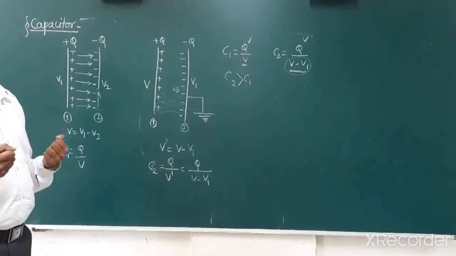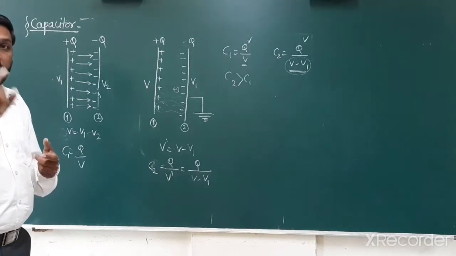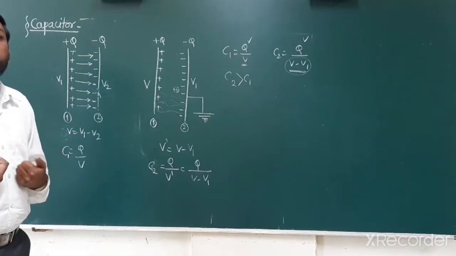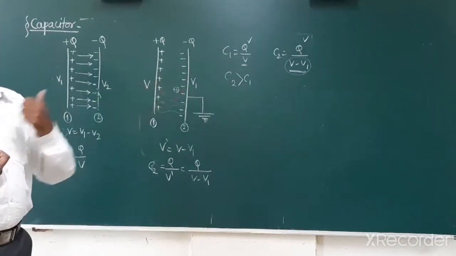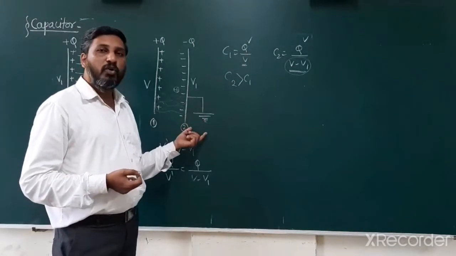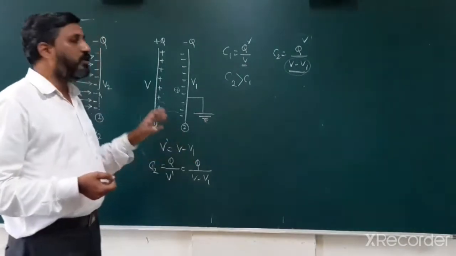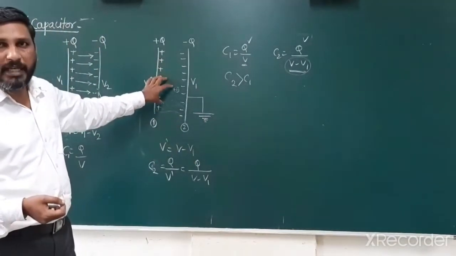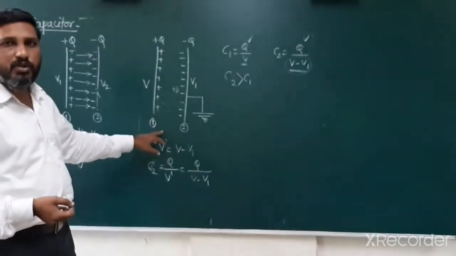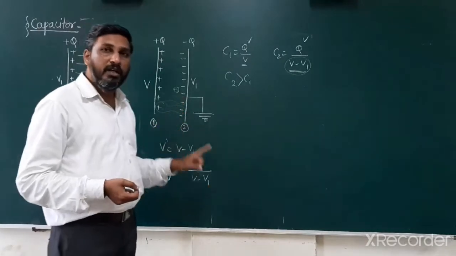If the potential is greater, then the potential difference is also greater, because earth has zero potential and the plate is at a higher potential, so the difference is higher. Here it is already earth, which means its potential reduces. Therefore, there is no possibility of electric shock in the second case. Therefore, the second capacitor is very easy to handle because it is earth.